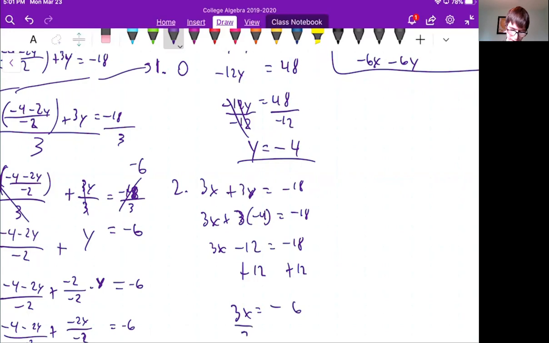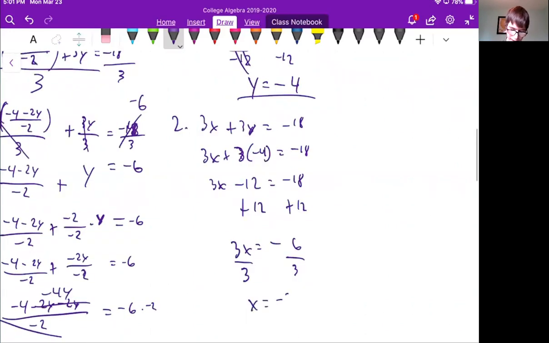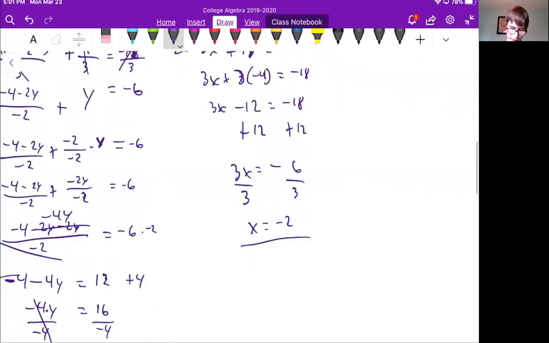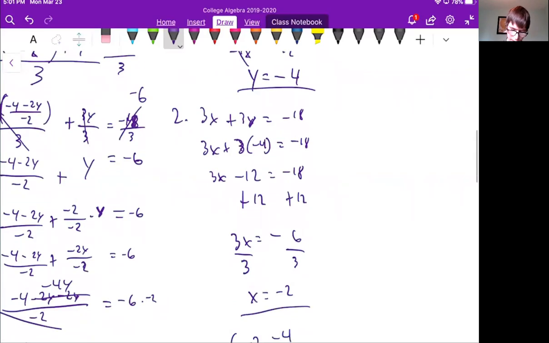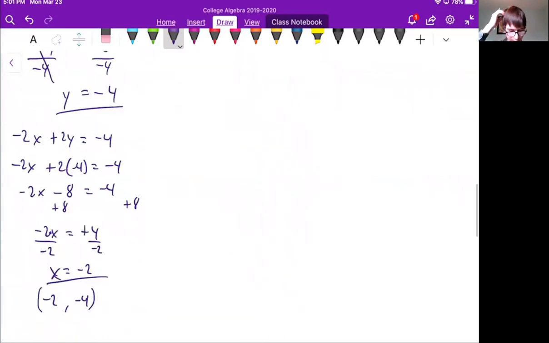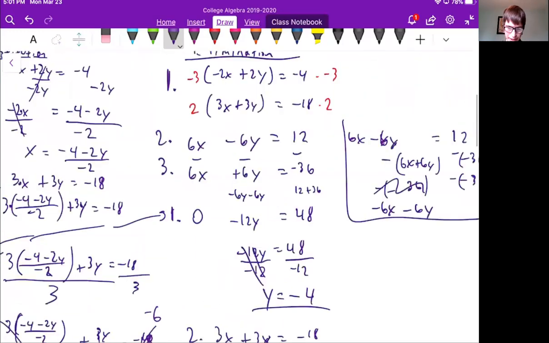Divide both sides by 3, and that gives us x equals -2, and that's our answer. So our final point is -2 and -4, which is the same answer as down below. Cool. That's how we solve those problems with elimination.